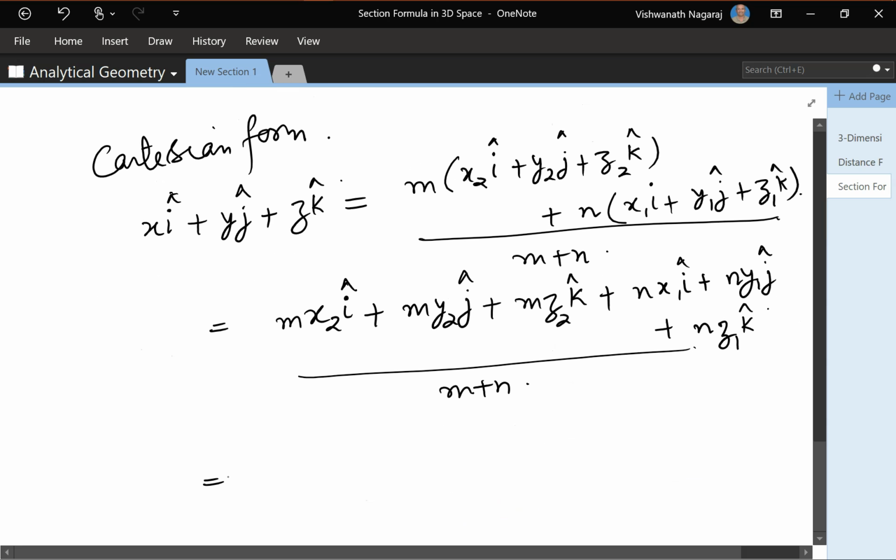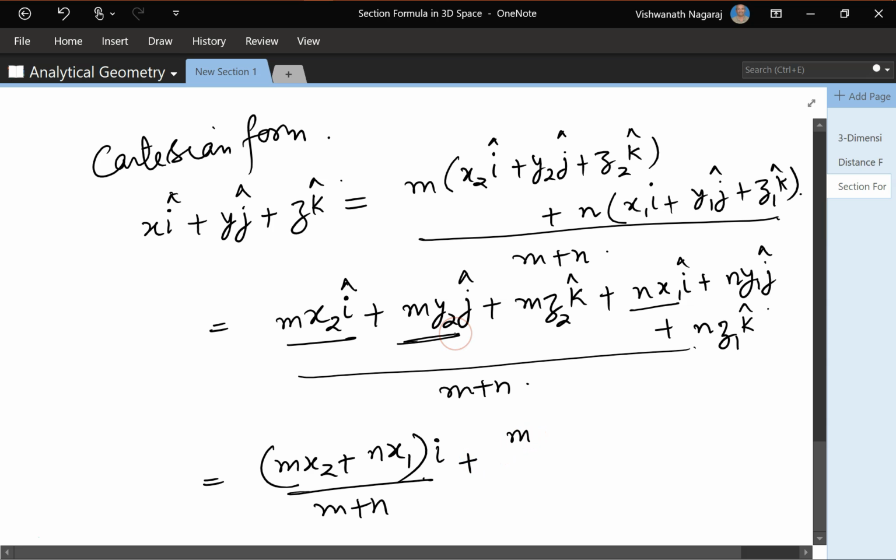Okay. Now let's bring i's, j's and k's together. So mx2 plus nx1 divided by m plus n times i. Let's take the denominator also separate for each of these.